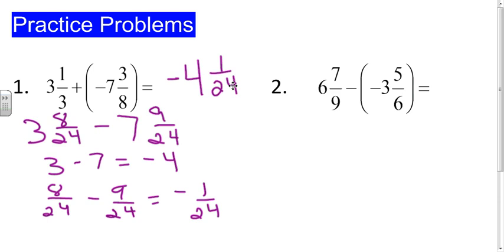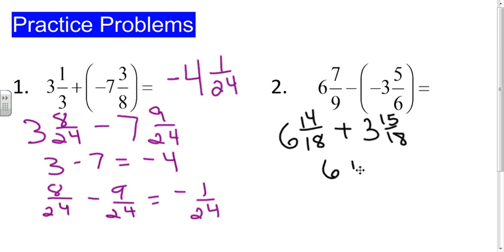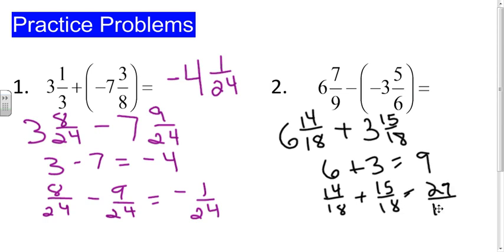And finally, let's take a look at this last one here. 9 and 6, the LCD is going to be 18, so I've got 6 and 14 eighteenths minus a negative, so I'm going to rewrite that as plus 3 and 15 eighteenths. 6 plus 3, that gives me 9. 14 eighteenths plus 15 eighteenths, that gives me 29 eighteenths.